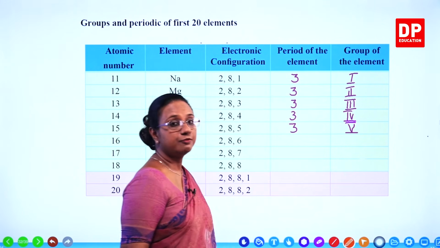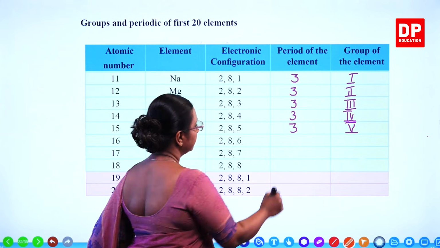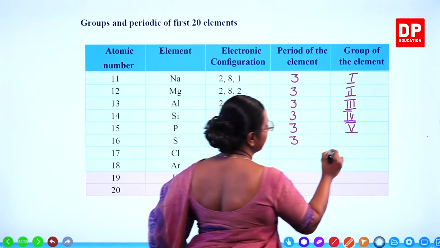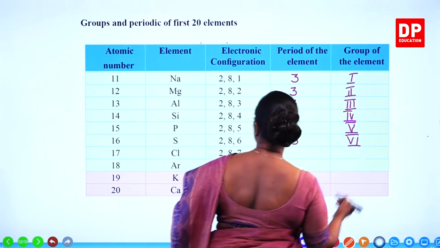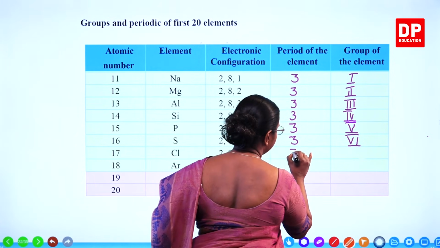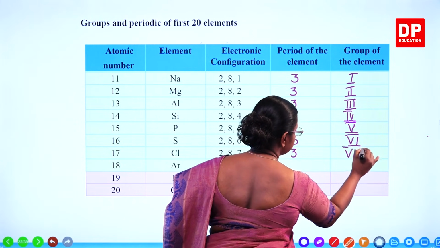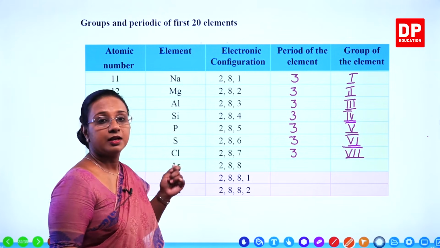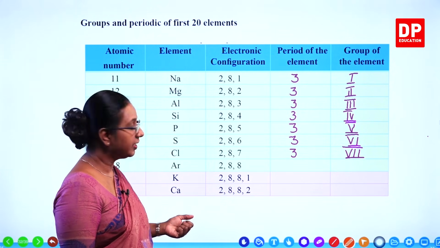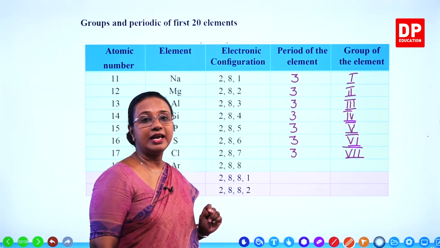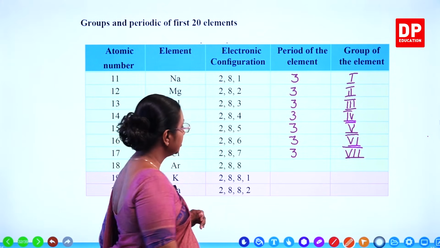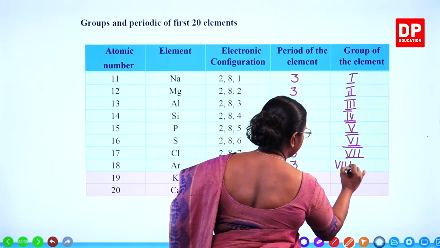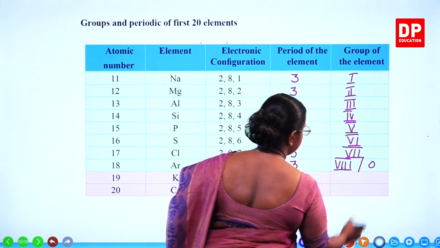So group 5. Sulfur, again 3 shells with electrons. So period 3 and 6 valence electrons, group 6. Chlorine, period 3 and group 7. Again argon, 2, 8, 8, complete energy level, stable electronic configuration, and also 8 electrons in the valence shell. So it belongs to period 3 and group 8 or 0.